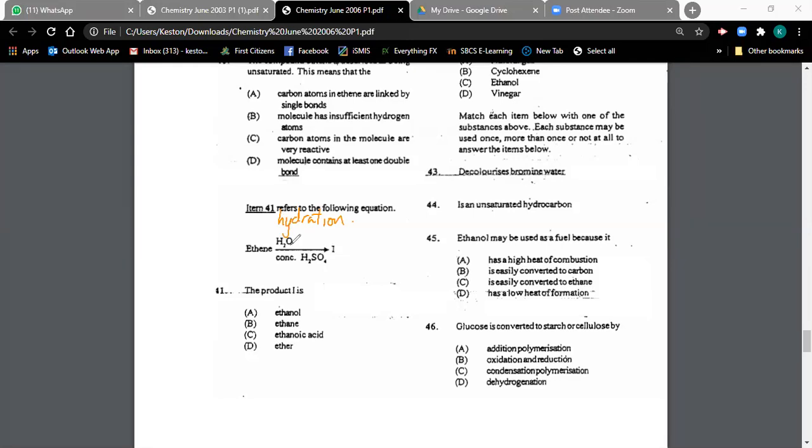This one is hydration. So what's the answer? Ethanol. That's what we move into, ethanol. Yeah? Everybody okay with that one? It's the opposite of what we saw with the dehydration earlier. Drop a one if you're okay with it.